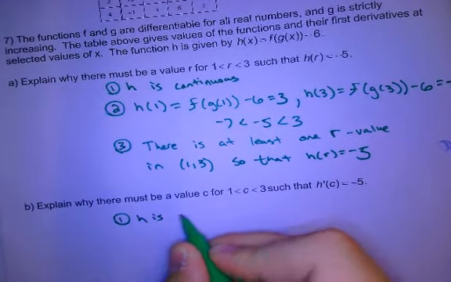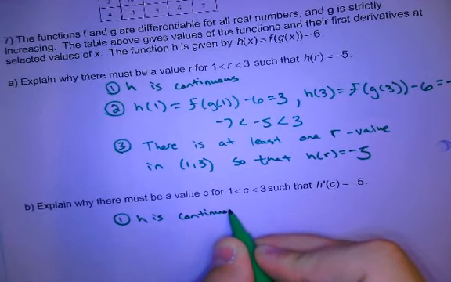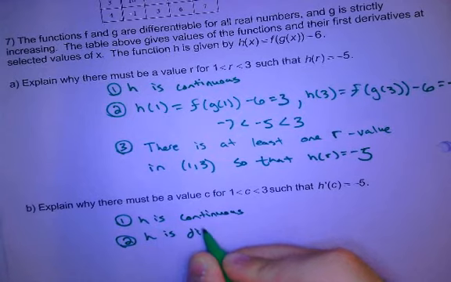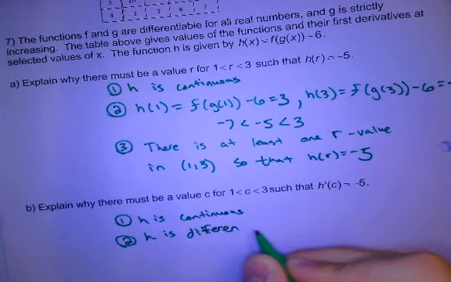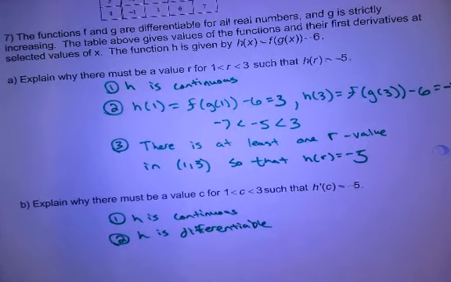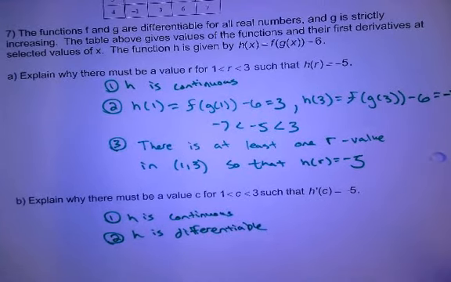So h is continuous. Do I need to mention the interval in this one? The answer is no. Why? Very good, because f and g are differentiable all the way through. You can mention the interval, you don't have to. Do you want me to? Okay.